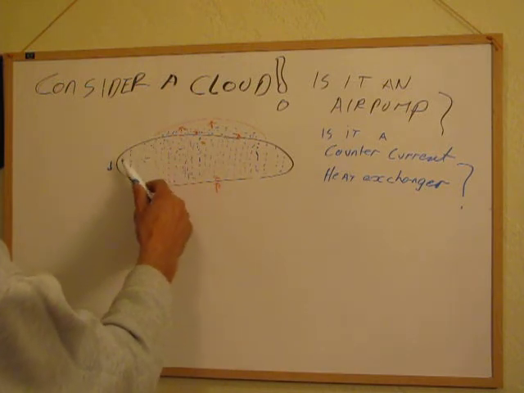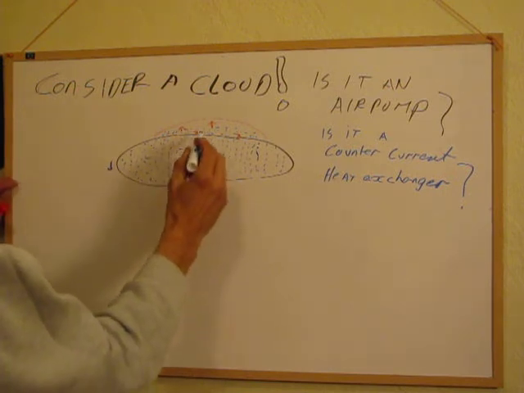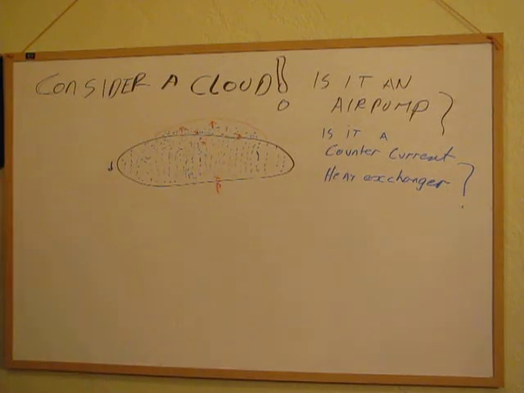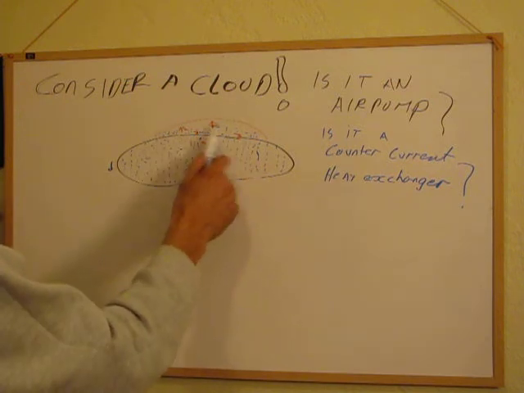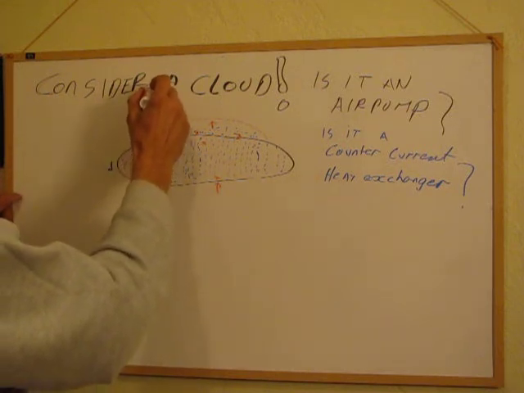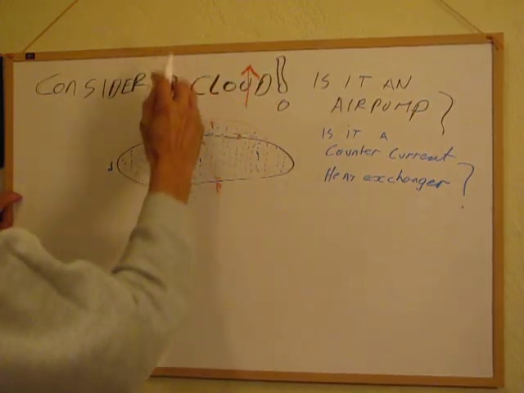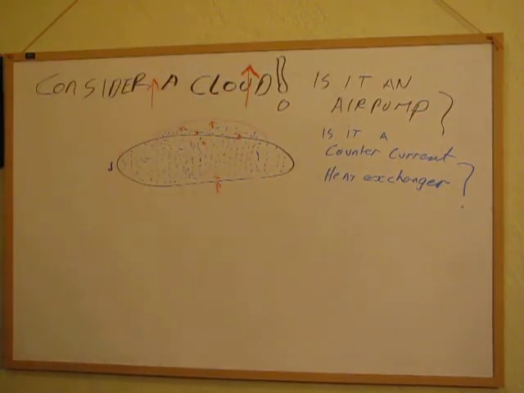Its moisture is being removed in the heat exchanger, and it comes out of the top of the cloud dry. As it comes out the top, more droplets are being produced, and because we only see the water vapor, we don't see that the cloud is pumping warm air up into the upper atmosphere.